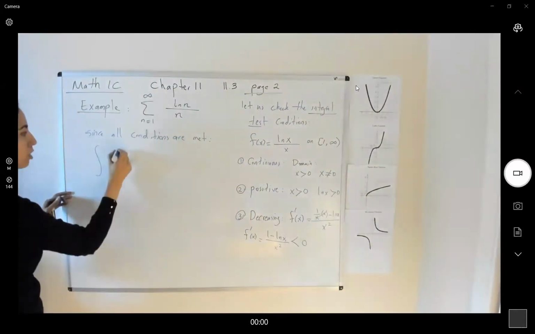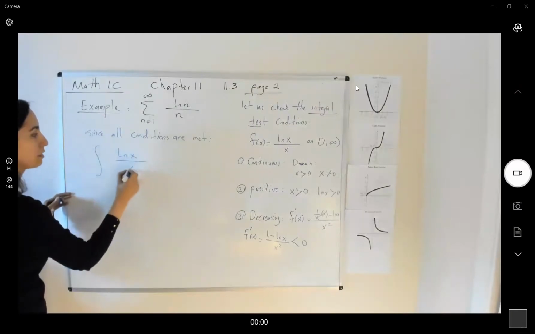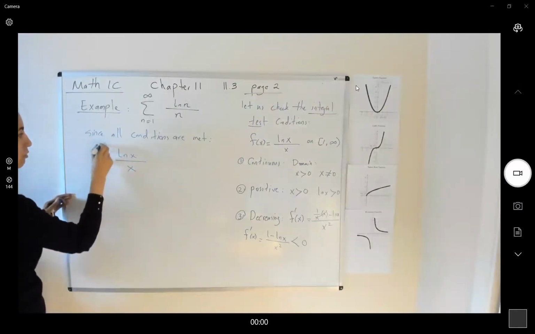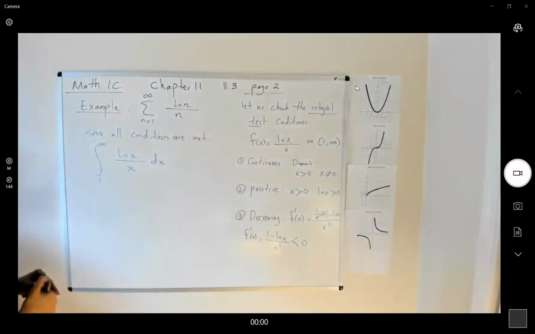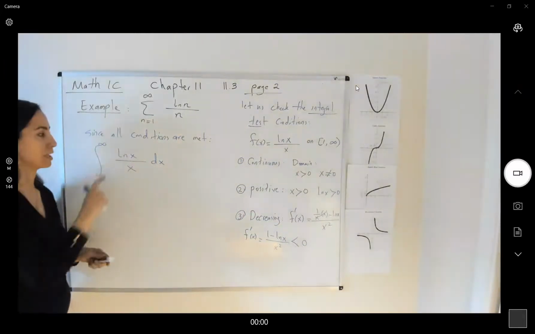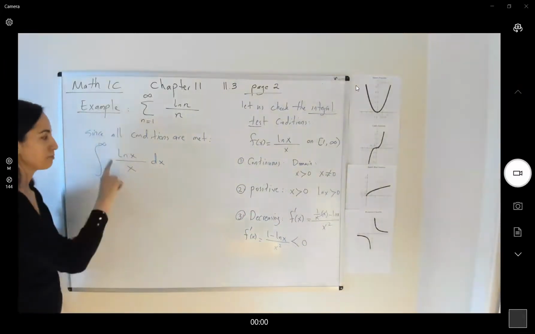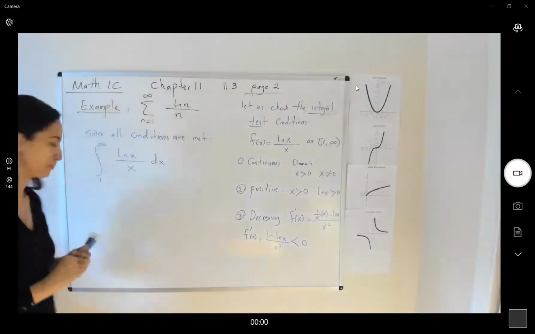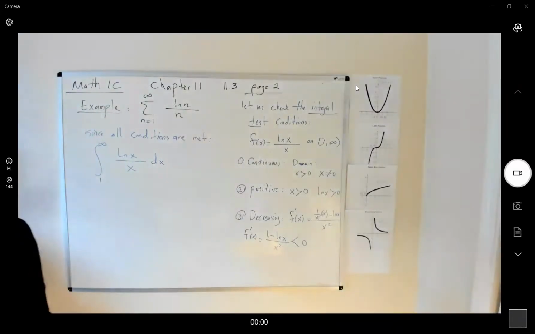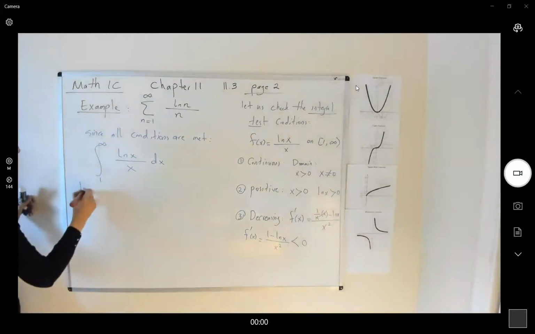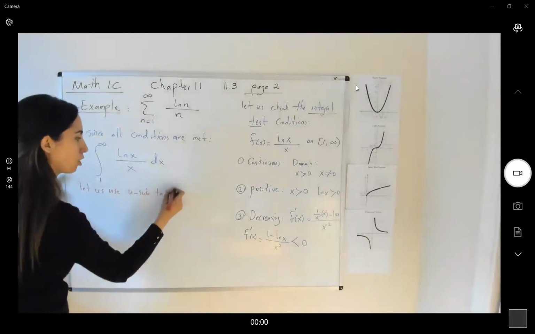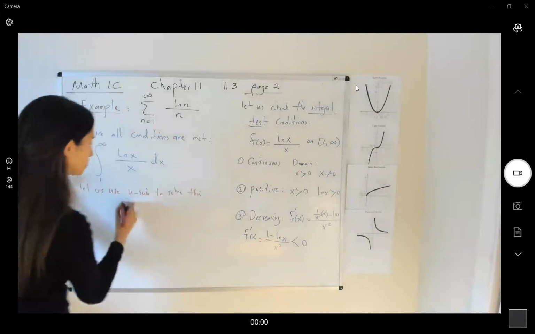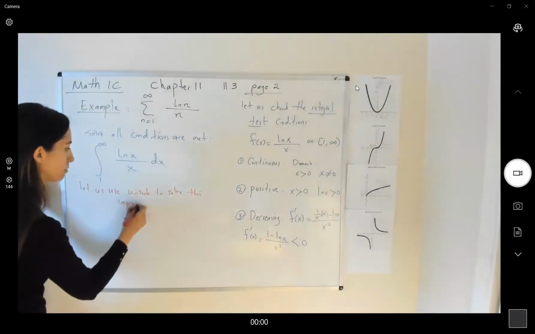You have the integral of ln of x divided by x, where x ranges from 1 to positive infinity, with respect to the variable x. To find this improper integral, we can use u-substitution.